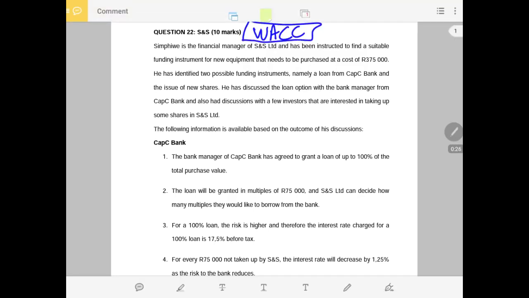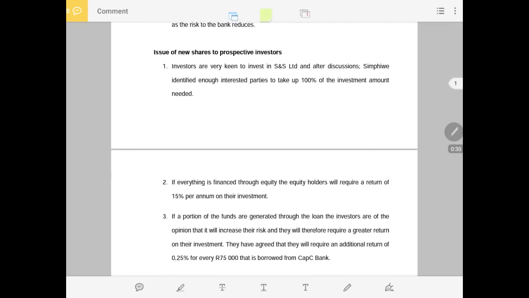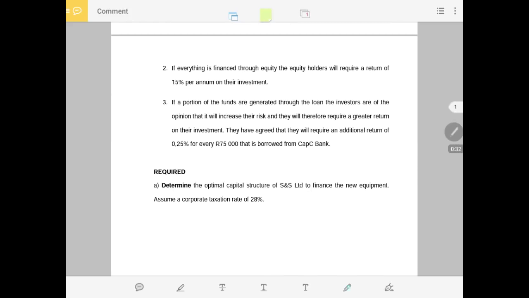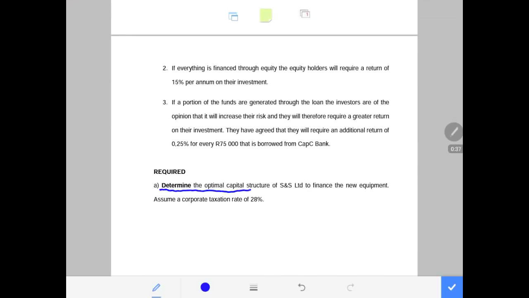Some people argue so. Now, it starts with the requirements as usual, and it says determine the optimum or optimal capital structure of S&S Ltd to finance the new equipment. Assume that a corporate tax rate is at 28%.